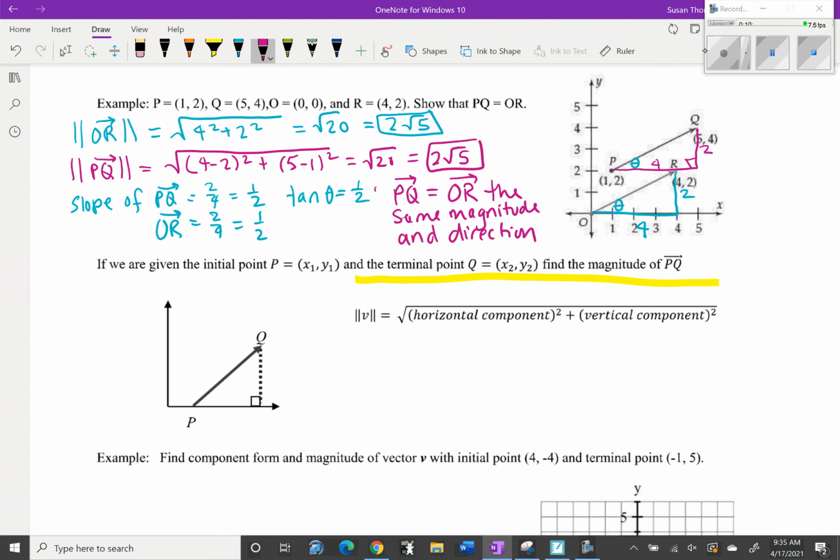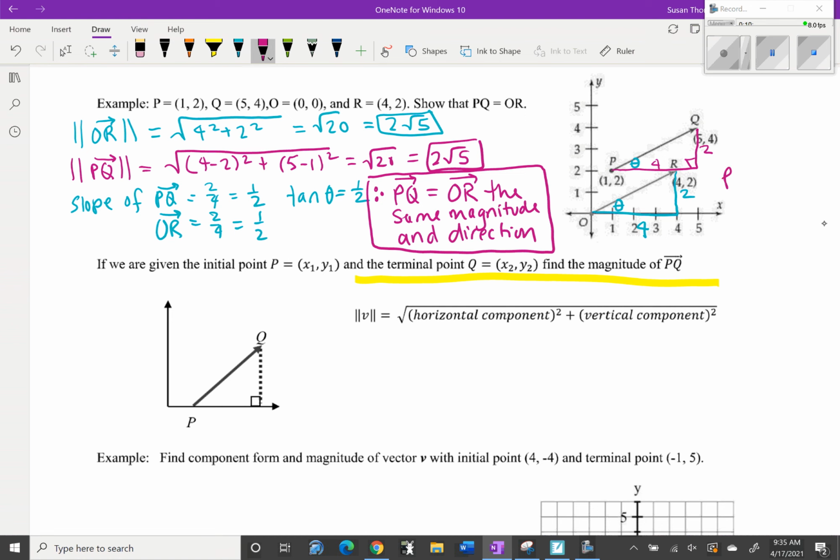So thus PQ equals OR because they have the same magnitude and direction. And we could write both of these in component form. So remember, the component form is always the horizontal component and the vertical component, which is the same for both of them since they're going with the same direction and magnitude.